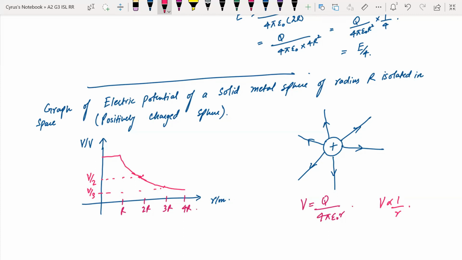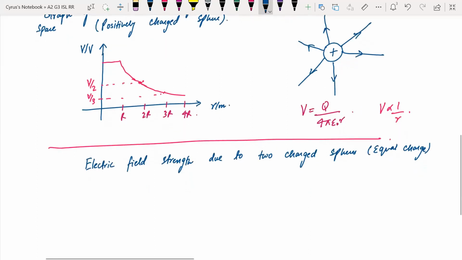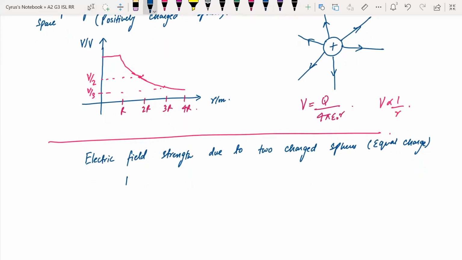Let's begin. Electric field strength due to two charged spheres of equal charge, for example, let's assume that they are equal charges, and I've already told you that electric field strength is a vector.